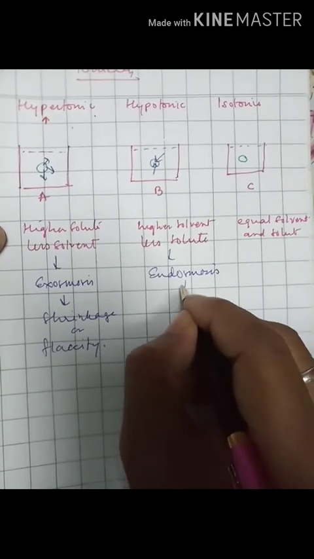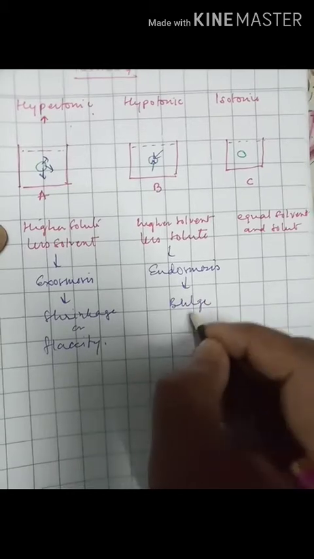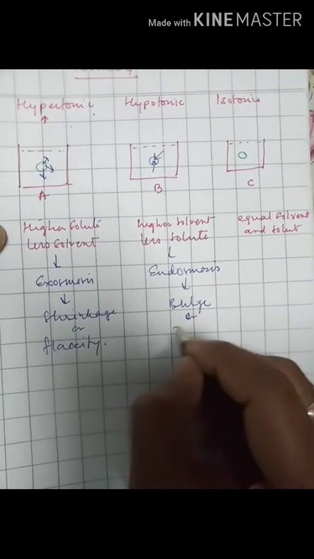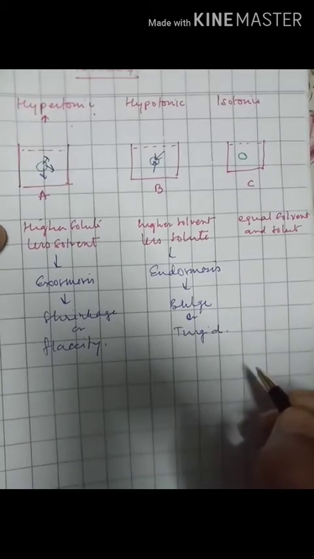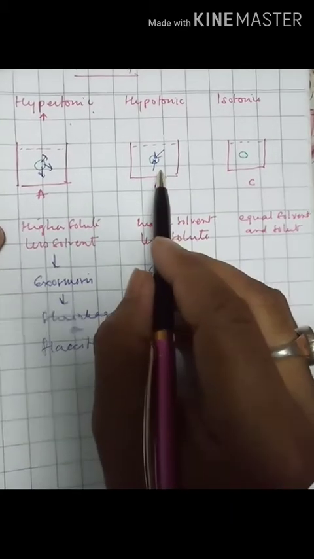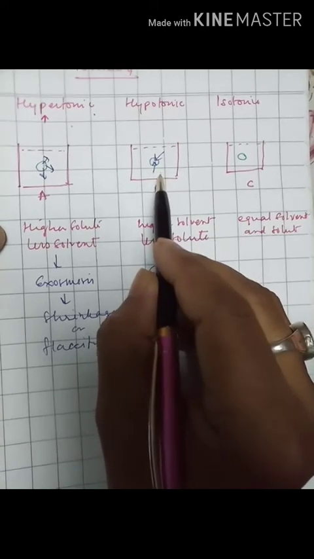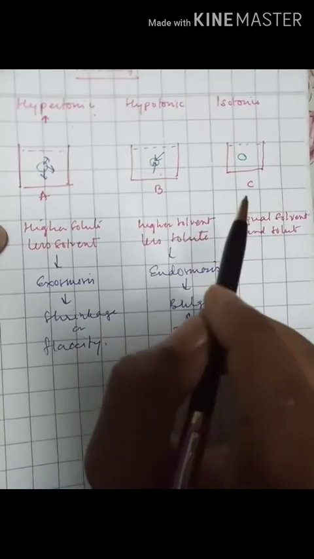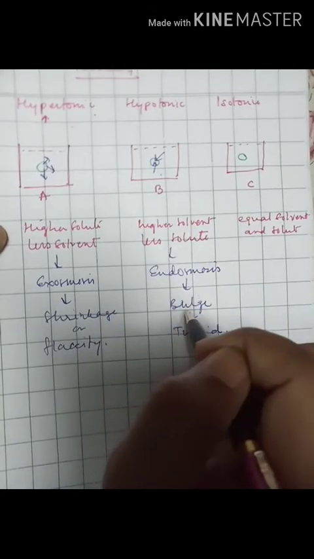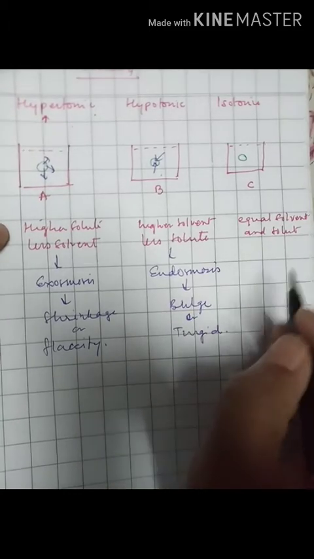Due to endosmosis, the cell will bulge or distend, or it becomes turgid. Clear? Because water concentration is more outside the cell, water from the higher concentration moves to the lower concentration across a membrane. So it bulges, and the condition is called turgidity or turgid.